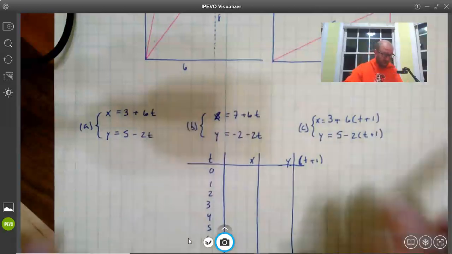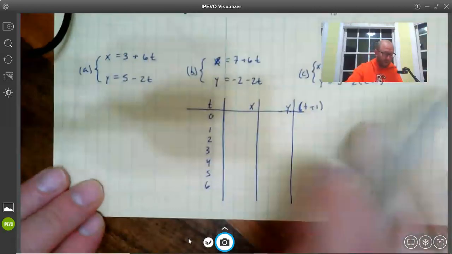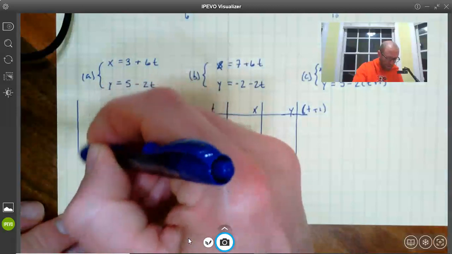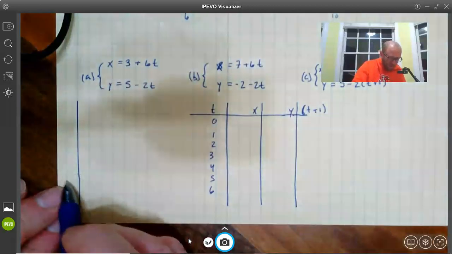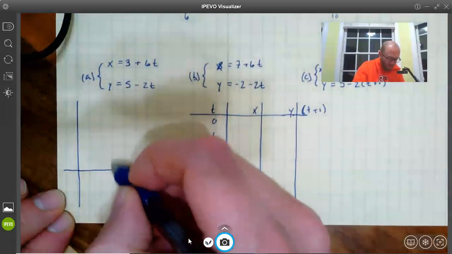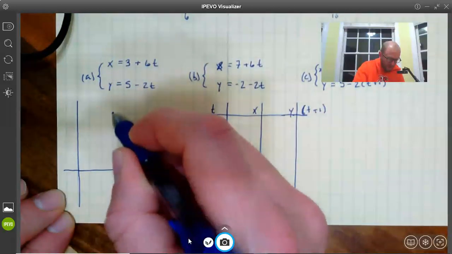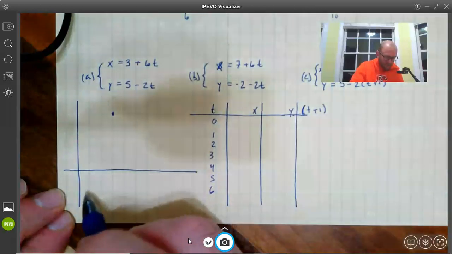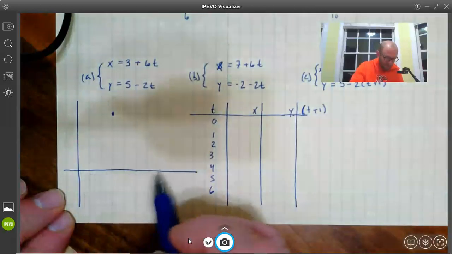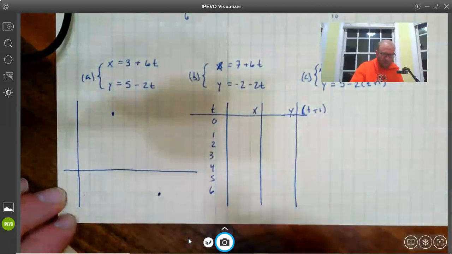This one here, if we were to graph it, let's see if I can fit this graph in here. All right, 3, 5, 1, 2, 3, 1, 2, 3, 4, 5. And then this one is 7, negative 2, 1, 2, 3, 4, 5, 6, 7, negative 2.